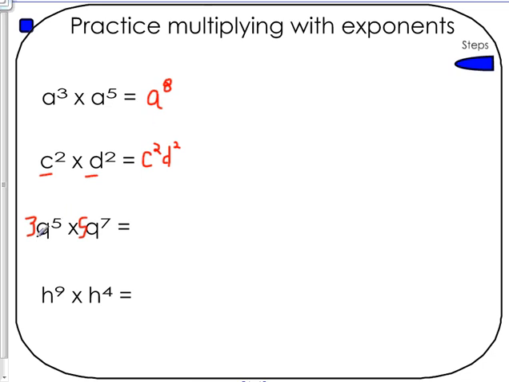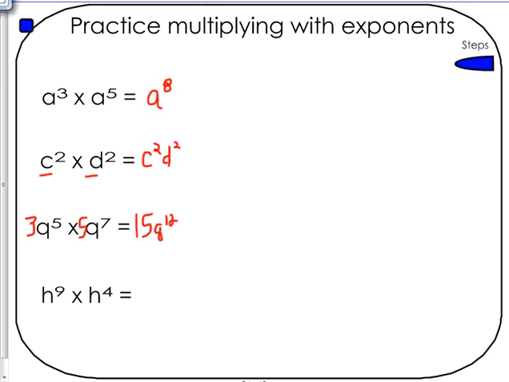If they are the same, which in this case they are, multiply the coefficients. So 3 times 5 is 15. My base is q, that stays the same. And add my 5 plus 7, which is 12. All right, easy enough.